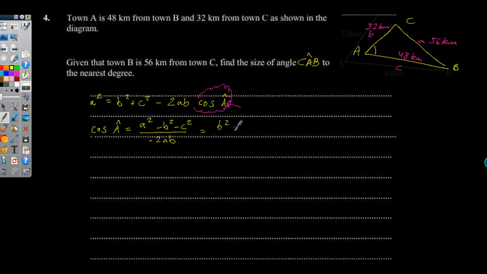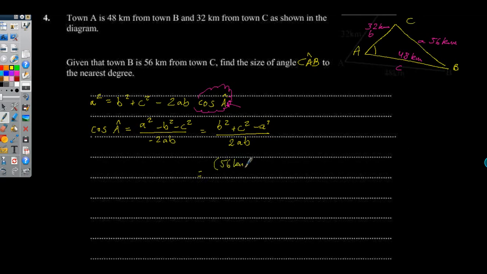I'm going to rewrite this as this. Pause the video for a moment here. Make sure you obtain this if you solve the formula for cosine of the angle A, and make sure you understand why and how I rewrote it like this. Pause it. Now we can substitute into the formula.